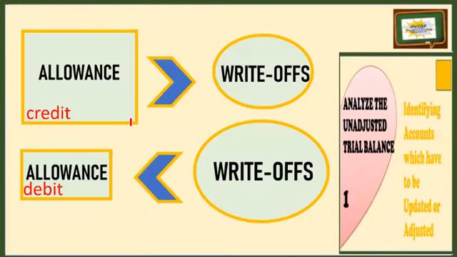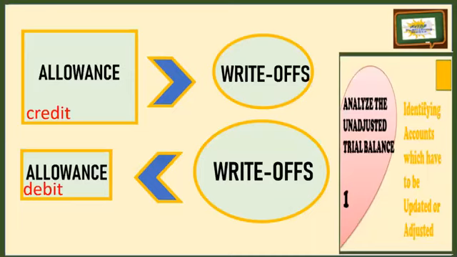So I've already discussed the allowance based on receivable. This time, it is allowance based on sales credit.